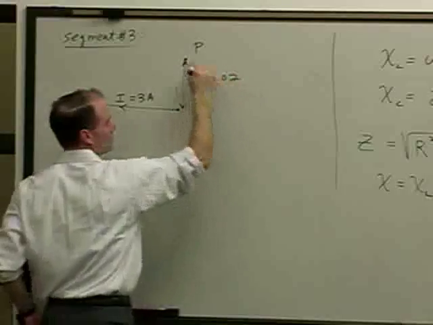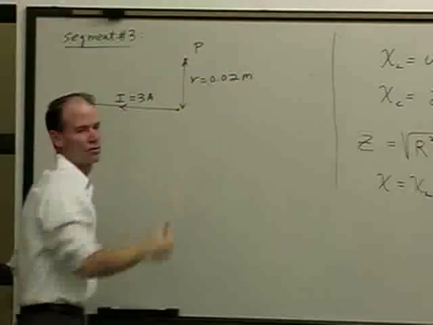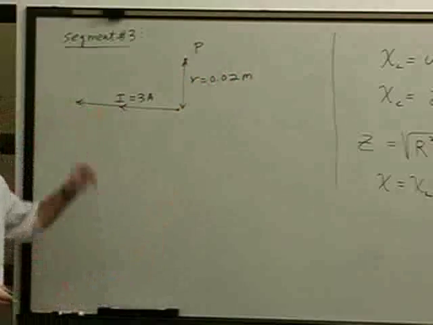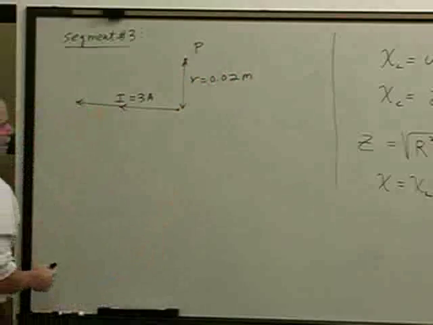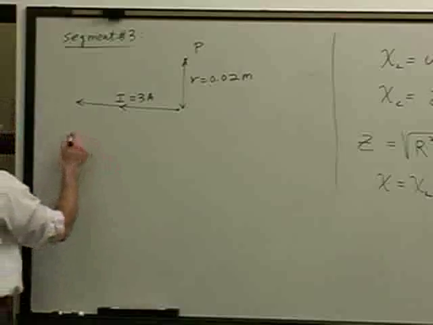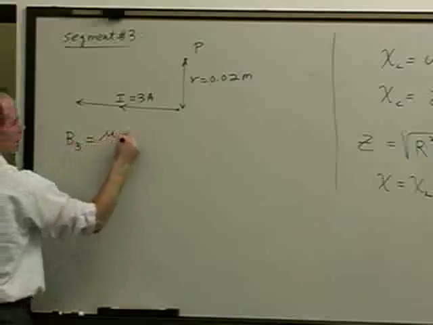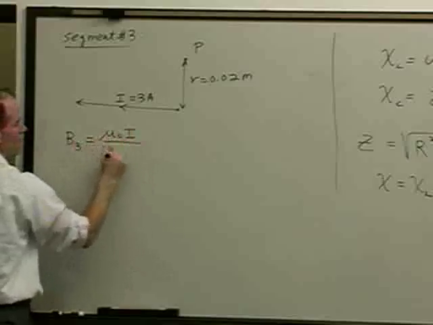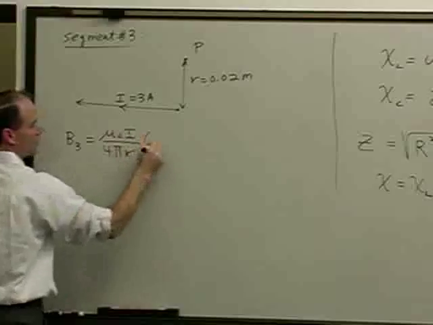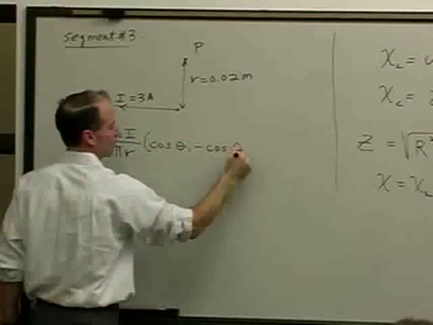So we're just interested in this pure perpendicular distance from the line of the current to that point. And we do have a Biot-Savart formula for this. In this case, U3 would equal mu naught I over 4 pi r, times the cosine of theta 1 minus the cosine of theta 2.